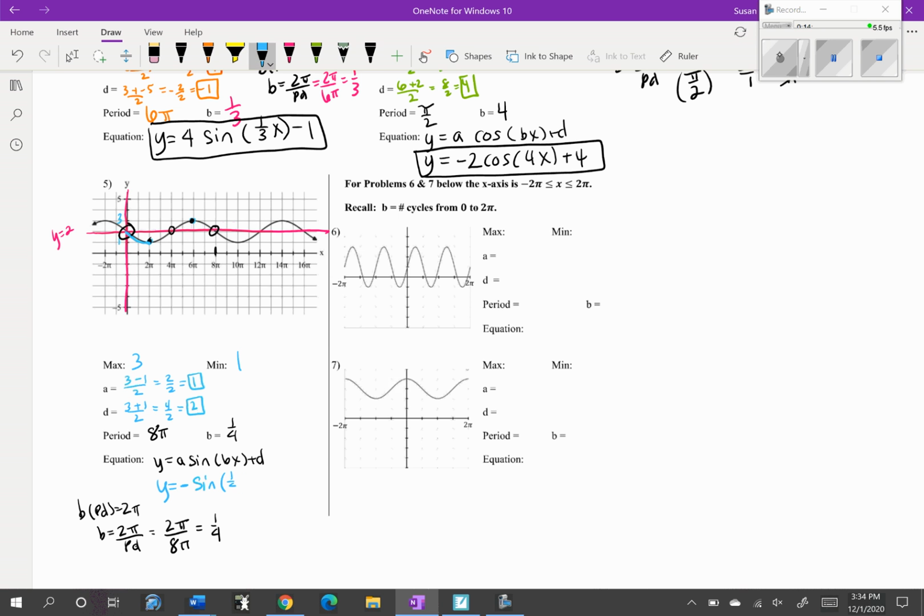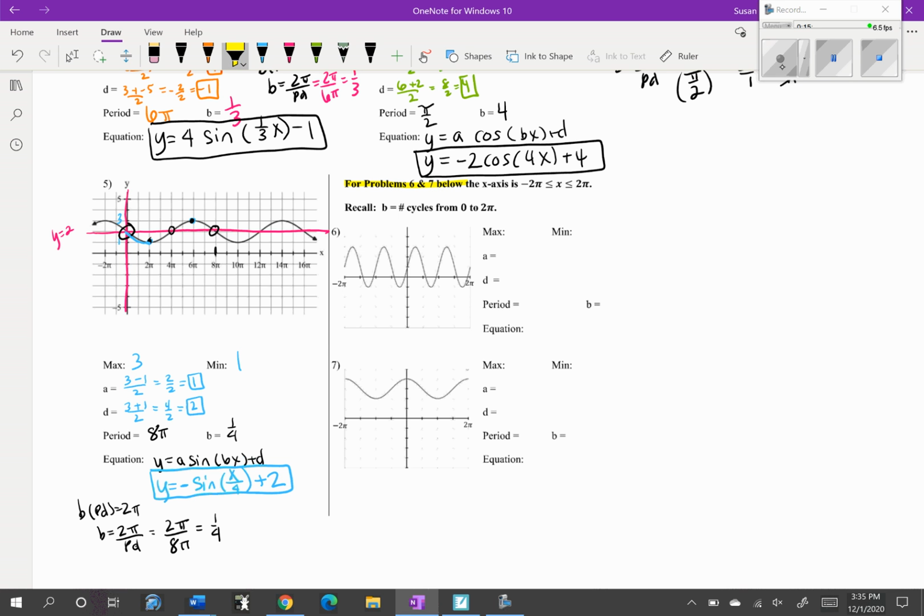So you can write 1/4 times x, or usually I would like to write x over 4 so it doesn't get confused with being in the denominator. And then our d value is plus 2. So now we have our equation, and that's it.